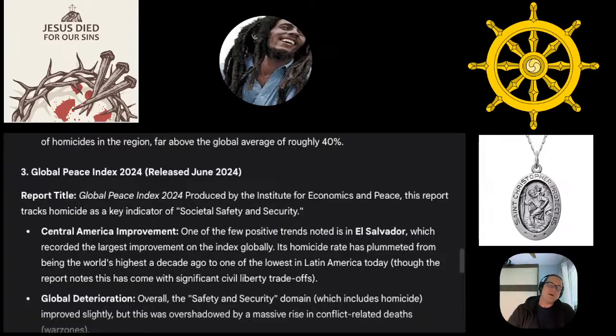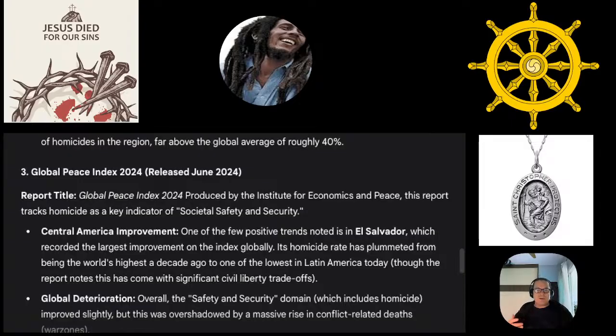And what they mean by that is, I think it's called the Cecot prison that they have, where they're just sending everybody to prison who's associated with the MS-13 gangs or any kind of crime. And so it is sort of a martial law.